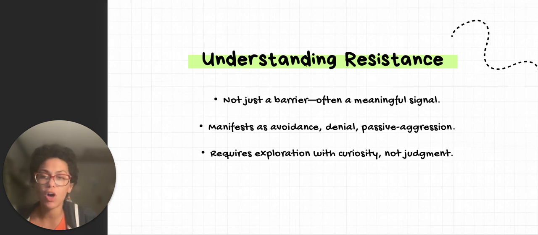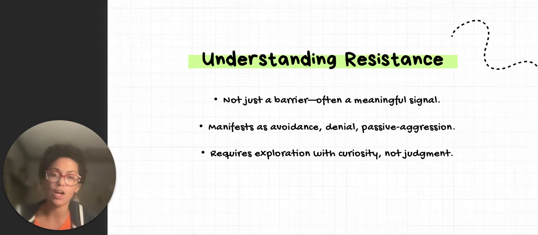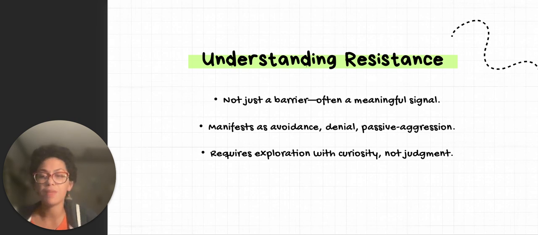Resistance is also a concept that is often discussed in group therapy and in counseling itself, but it's important to critically evaluate its meaning and its implications. So traditionally, therapeutic models show that resistance is viewed as a barrier to progress, something to overcome by the therapist or the group leader.